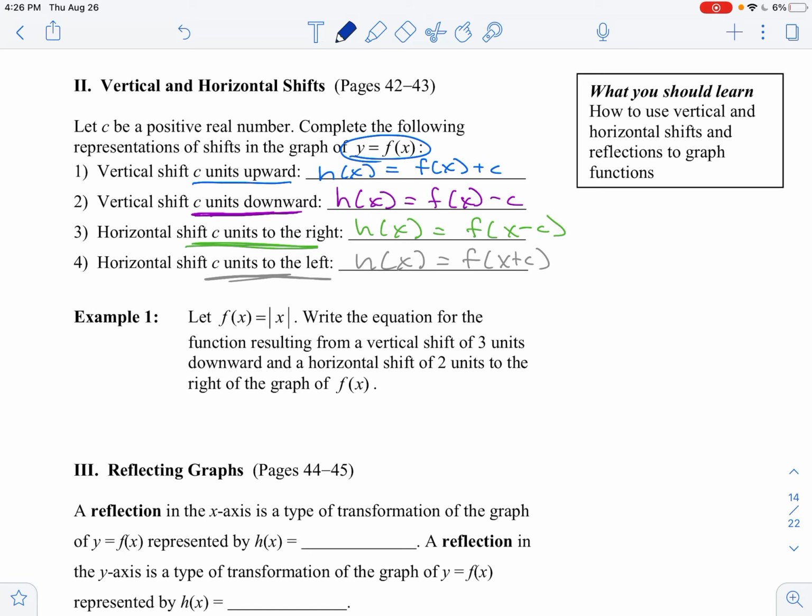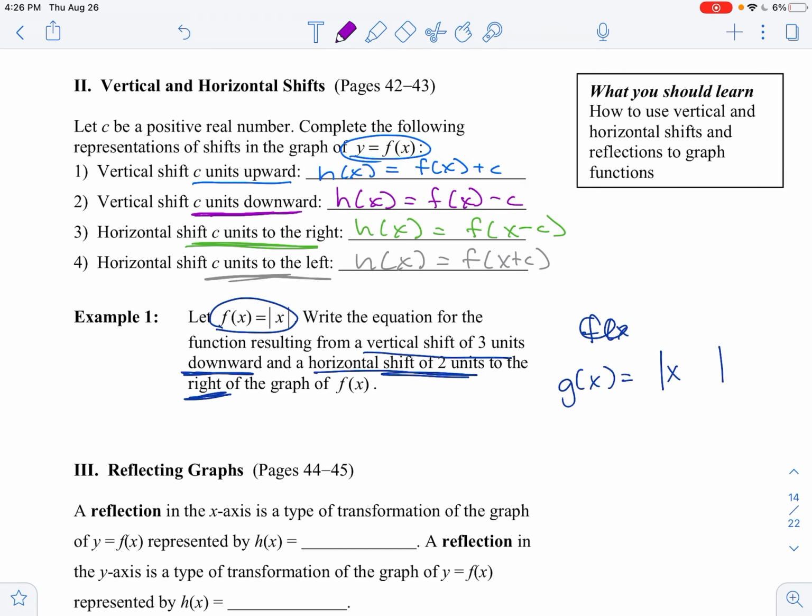So if the function is the absolute value of x, let's write it so that it will shift vertically 3 down and horizontally 2 to the right. So remember, we're going to write a new function, g of x. That means the absolute value of x has to be part of it.